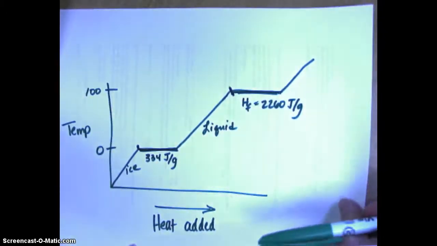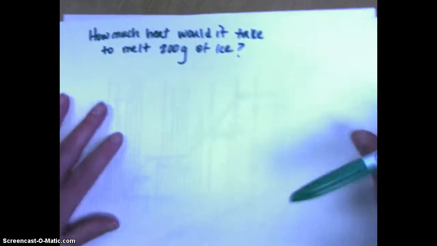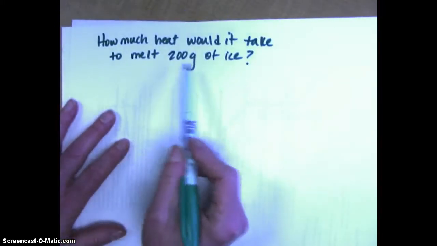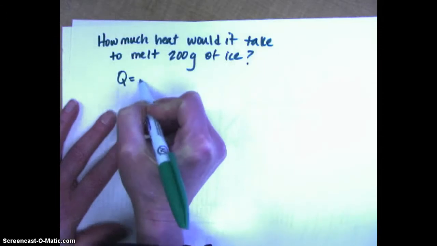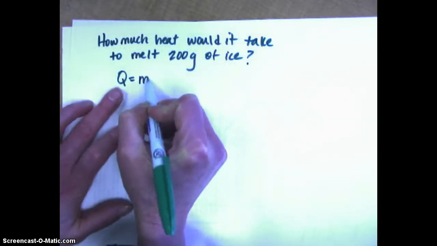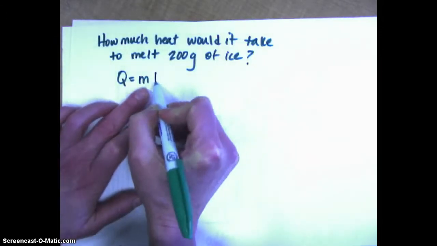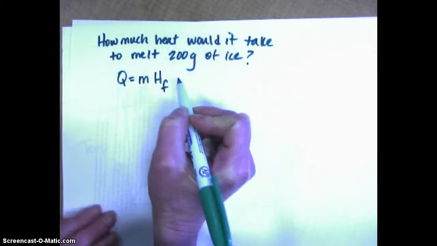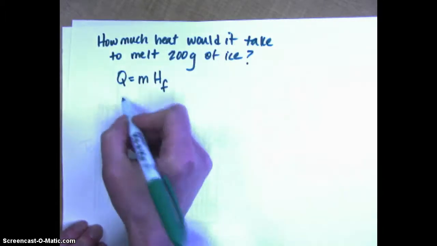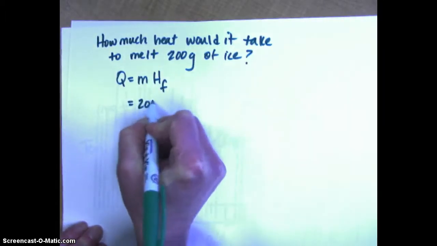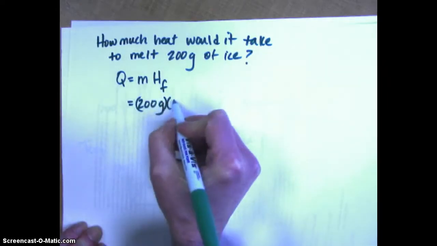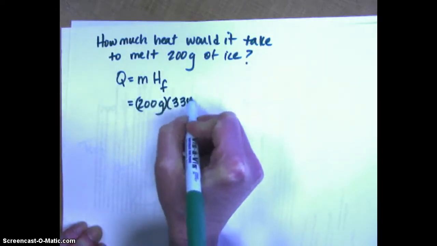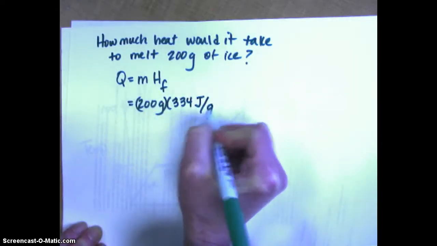So if I wanted to determine how much heat it would take to melt 200 grams of ice, I could use Q, the heat required, equals the mass times the heat of fusion. So that equals 200 grams times the heat of fusion, which was 334 joules per gram.